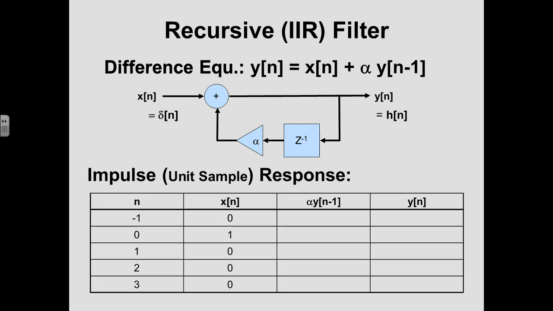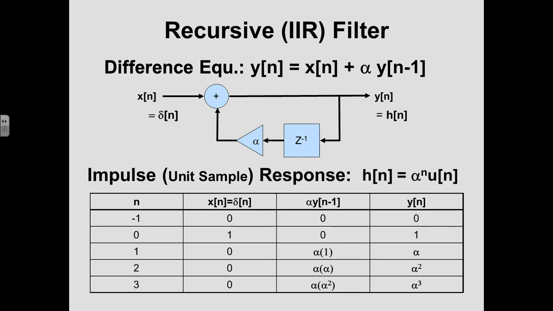If we put in a delta sub n sequence, that's x sub n is 1 at n equals 0 and 0 elsewhere, and run that through the difference equation, we see that the output takes on the value of 1, then alpha, alpha squared, and alpha cubed, and you've actually done this one for homework. And from that, we see that the unit sample response is of the form alpha to the n u of n.